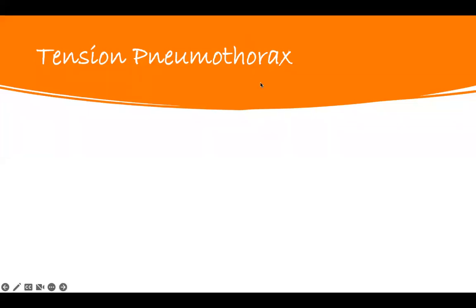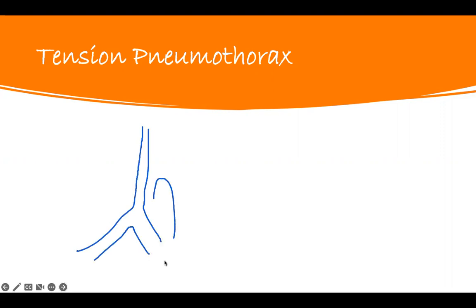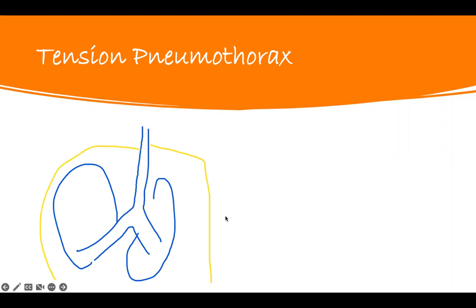What would they confuse this with? Well, pneumothorax. What is pneumothorax? So this is your trachea going to the bronchioles, okay? And your lungs are here. Of course, your rib cage is around it. So this is your rib cage, and your ribs are here like that.